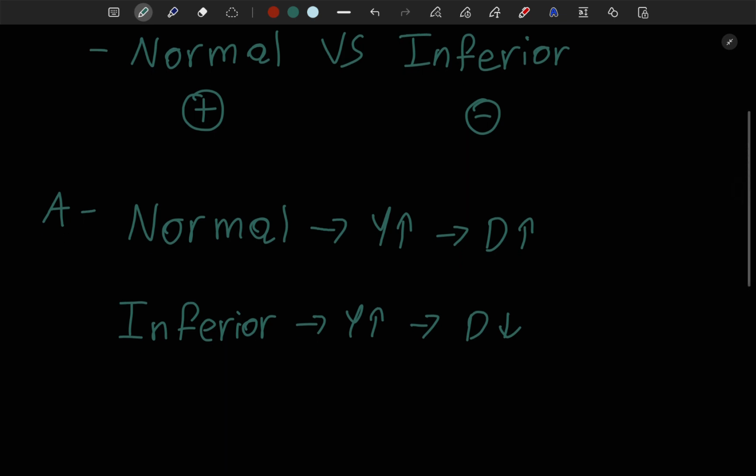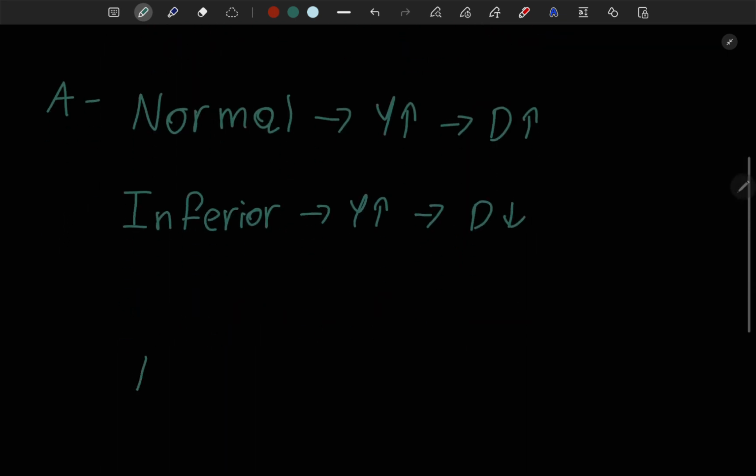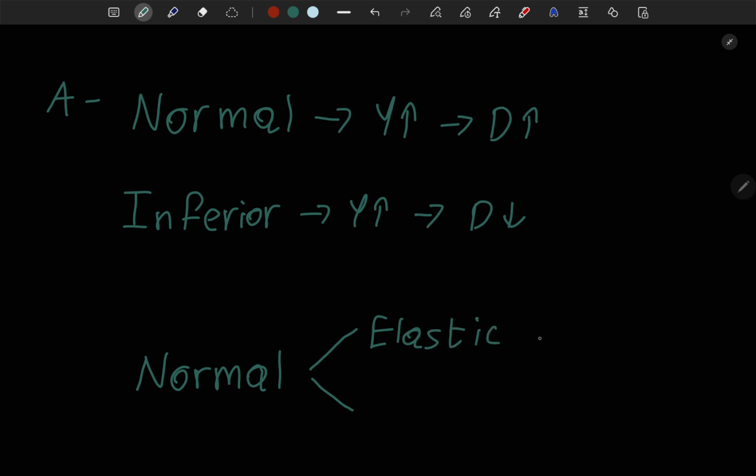Then for normal good, you will go for elastic and inelastic. If elastic, the demand will rise by more, and if inelastic, demand will rise but by less.